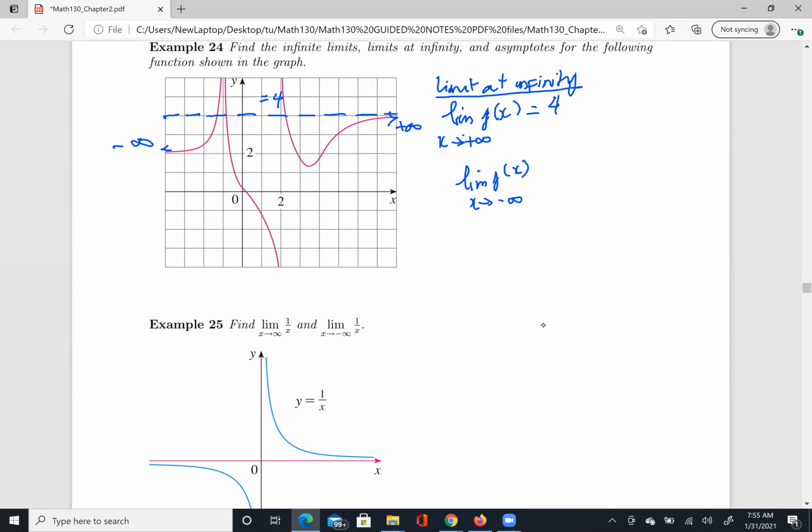Let me make this one more clear. Then f(x) when x goes to negative infinity will be equal to 2. Okay. So far so good.